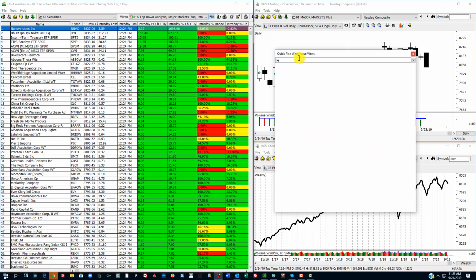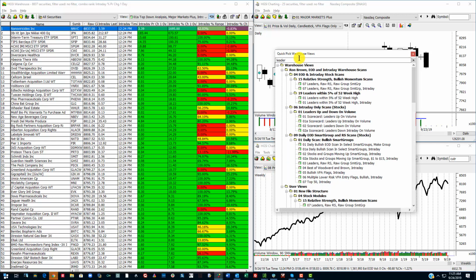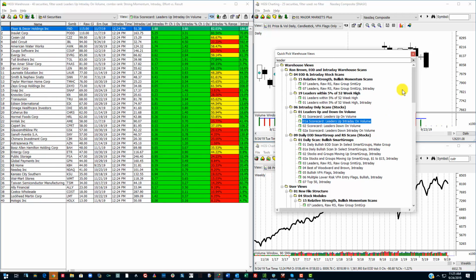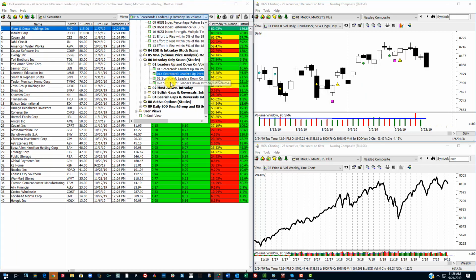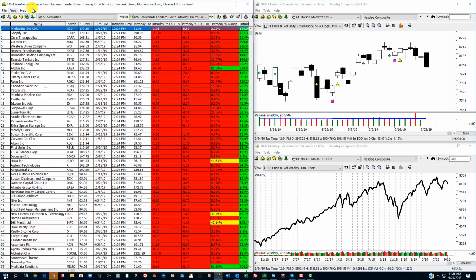I'm just going to type in leaders. Intraday up on volume, and you can see that these are stocks where I have something called the fan based upon moving averages. The stocks that are up on volume, and then conversely intraday down on volume.